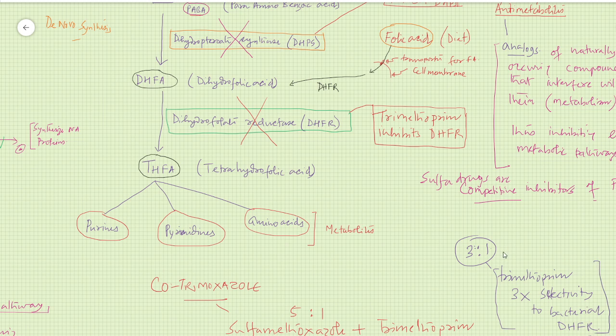Okay, so that's another point that we need to remember. But can it affect humans? Yes. Trimethoprim can affect human cells because we have this enzyme dihydrofolate reductase, but it is more selective to bacteria.